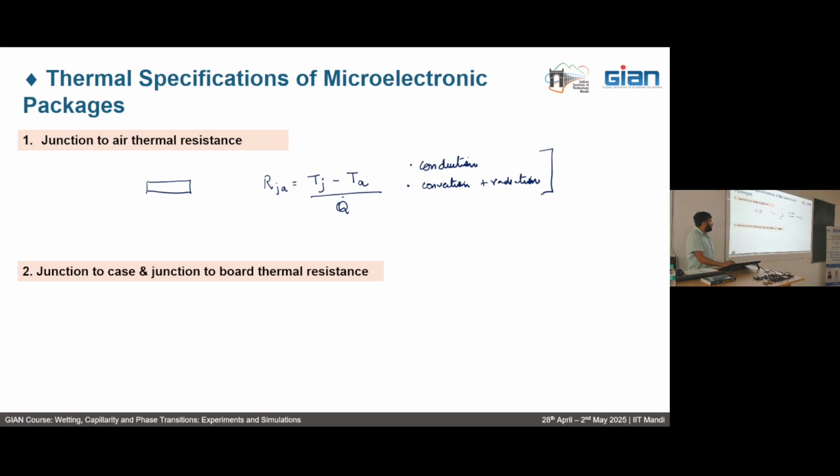One is junction to case and the other one is junction to board thermal resistance. As I have already discussed, we have a die here, then we have a die plate, then we have certain terminals, and then we have a casing.